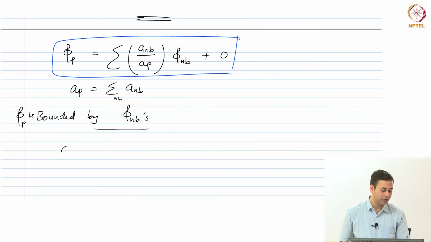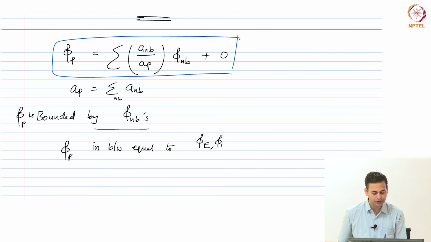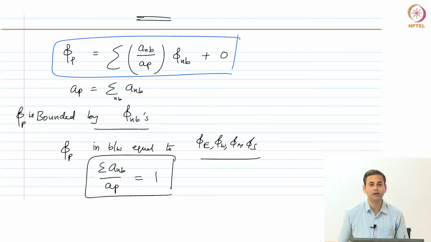That means the phi P value that you are going to get will be somewhere in between or equal to phi east, phi west, phi north, phi south, right. That is because the coefficients that it is multiplying satisfy this equation, sigma A and B by AP equals 1. That is why this is bounded, right.